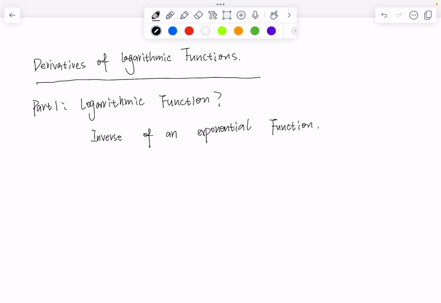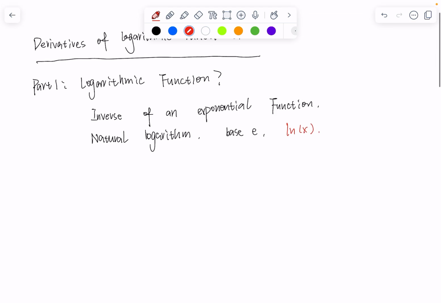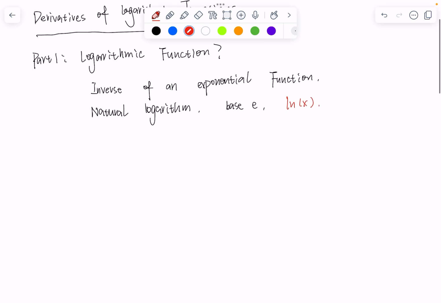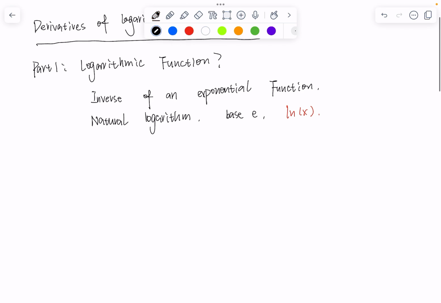The most important logarithm for calculus is the natural logarithm, which has the base e. We write it as ln x.